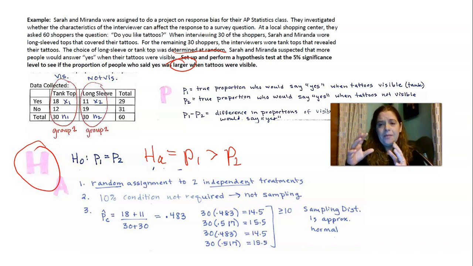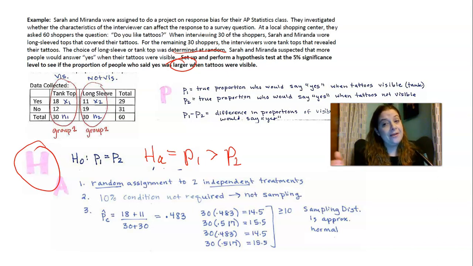So we want to make sure we're careful about that. Here we're not sampling. They did talk to shoppers, but it doesn't say they took every shopper and interviewed every fifth one or anything. So it doesn't really imply that. These are people that exist. There's no implication that we're random here. We don't know if these are representative or not, so we're not really going to touch that. It doesn't mention that we're doing random sampling.